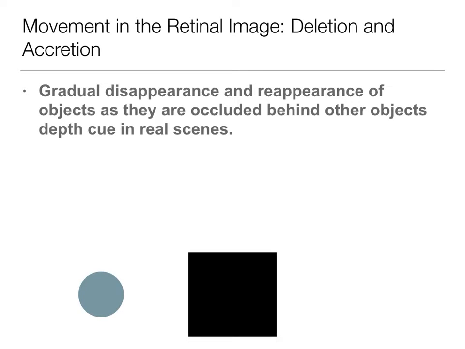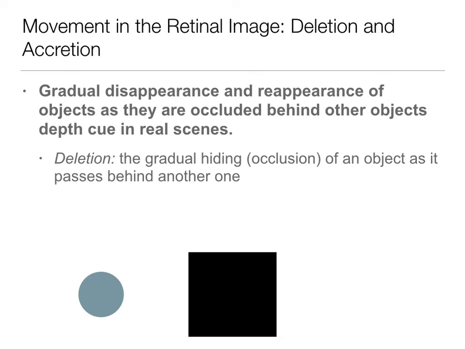Here we're going to occlude something, but there's going to be movement involved. So it's the combination of both the monocular cue of partial occlusion and the monocular cue about moving.